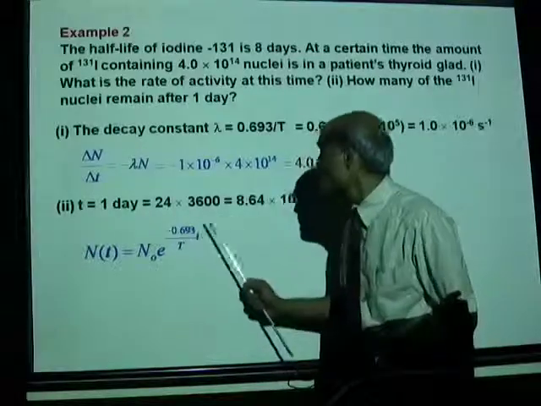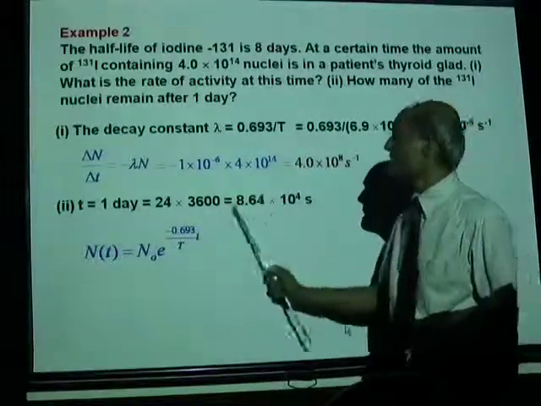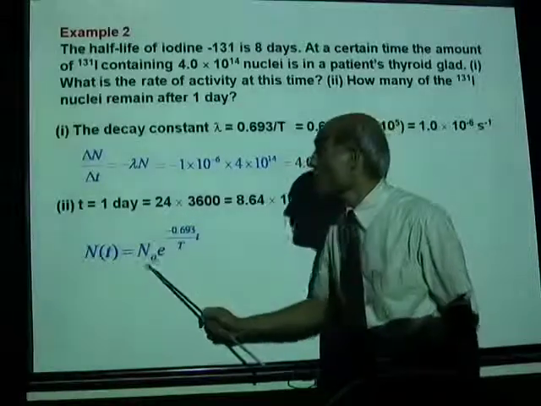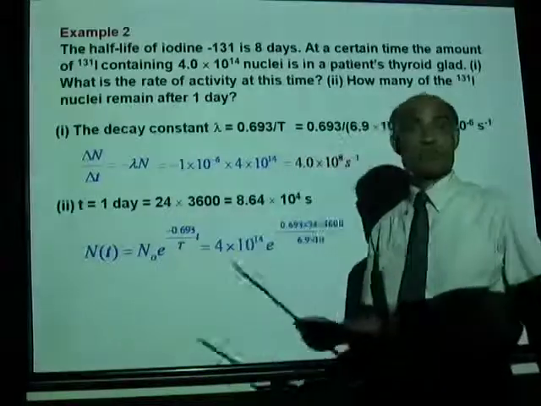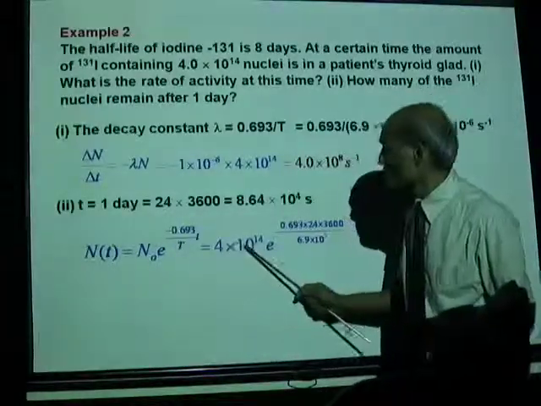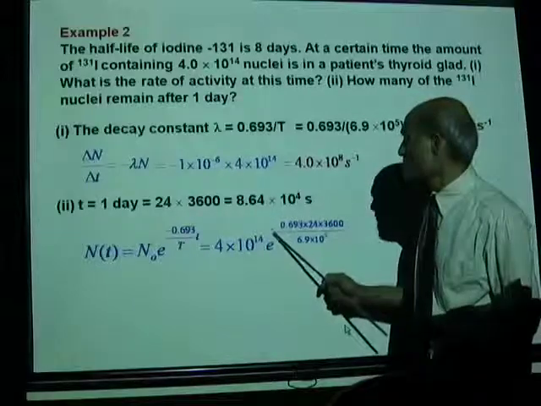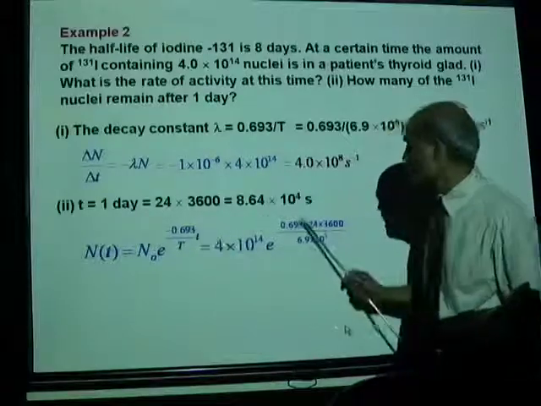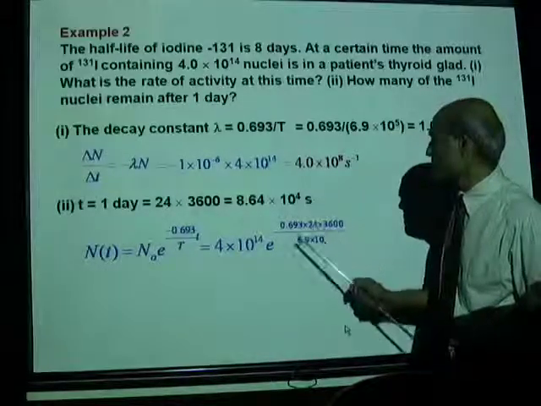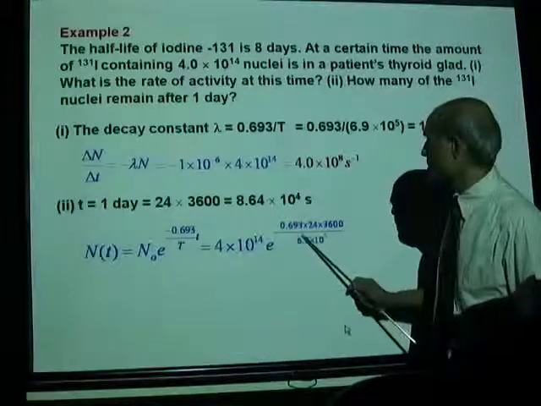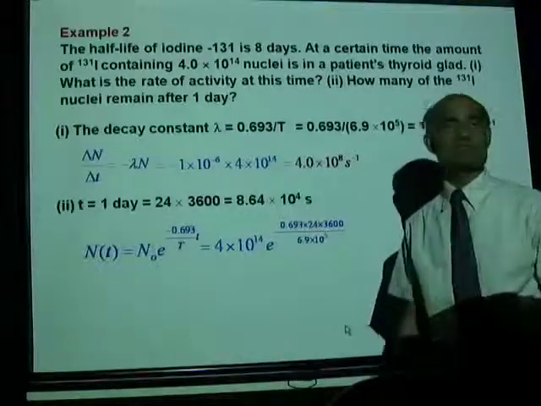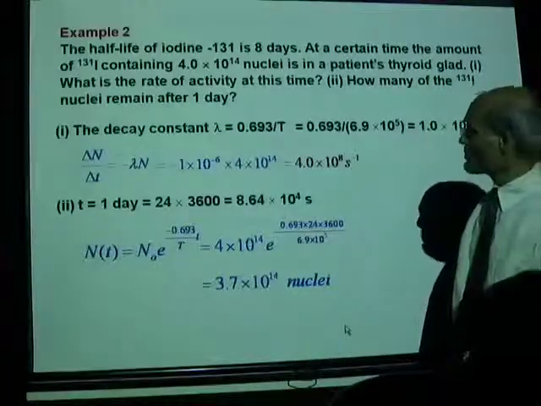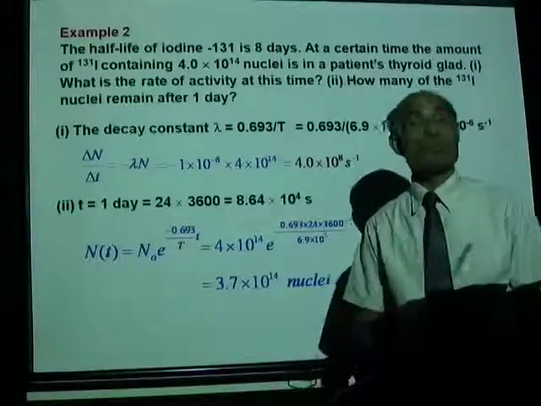So replace this t by the number of seconds in that 1 day, and we know the half-life period, and we know n0, the original number. So the original number is 4 times 10 to the 14 e to the power of negative 0.693 times that t, which is 24 times 3600, divided by the half-life period, 6.9 times 10 to the 5, and that will be 3.7 times 10 to the 14 nuclei left after 1 day.